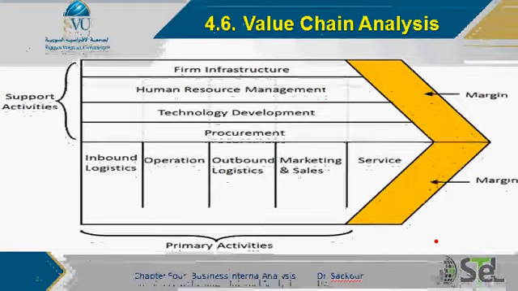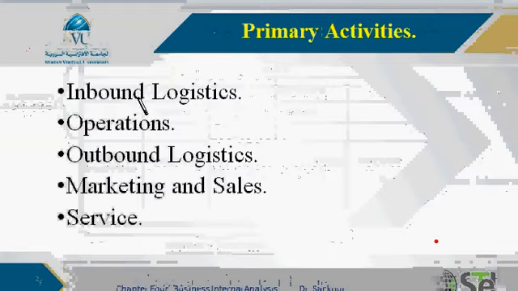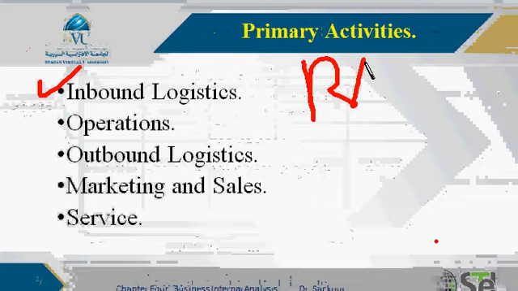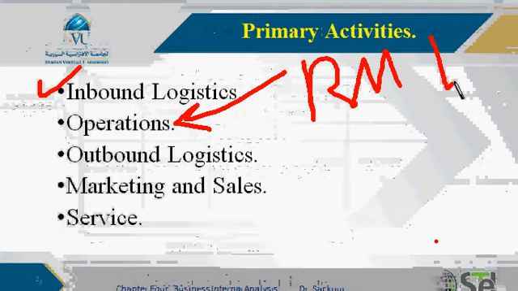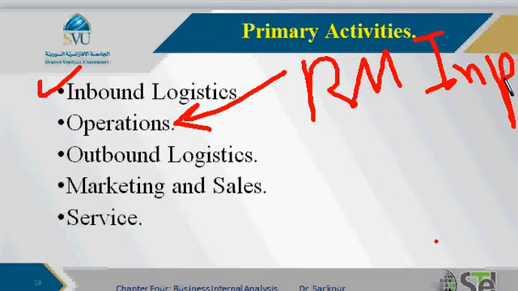Okay. So, as we mentioned, we have inbound logistics. This raw material, for example, goes to operations. This input yields and gives outbound logistics.